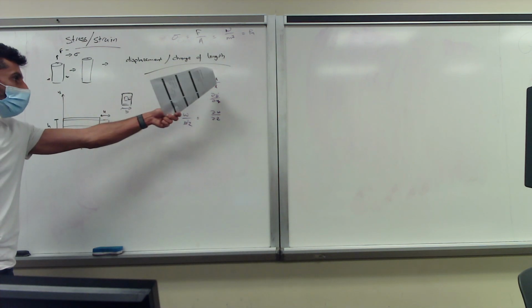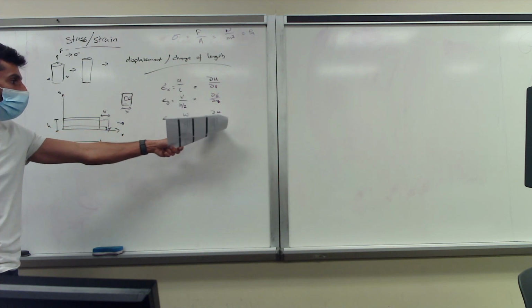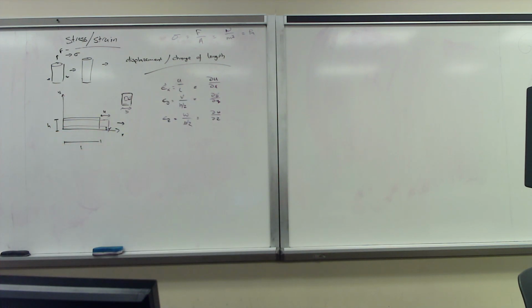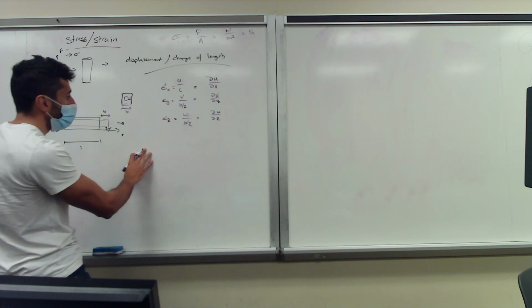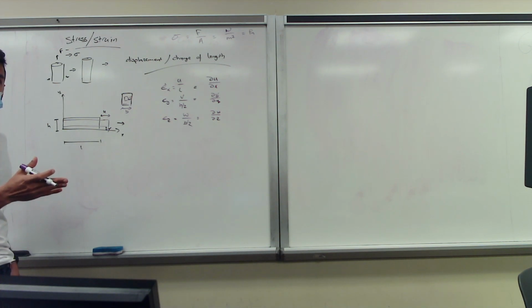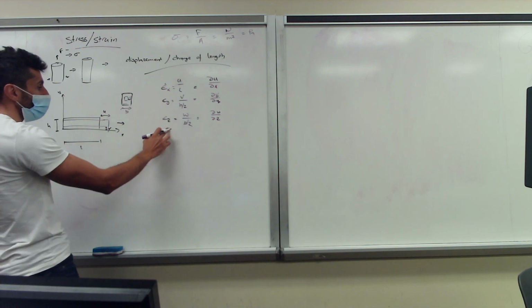And it's actually not d, it's partial u partial x, partial v partial y, and partial w partial z. So that gives us the strains based on the displacement in the corresponding direction, x, y, and z.